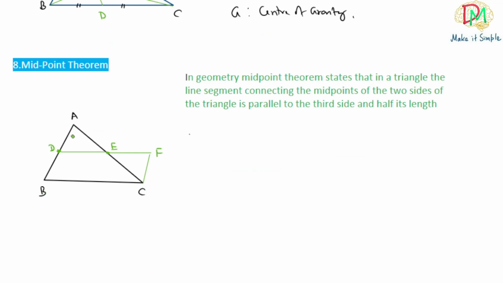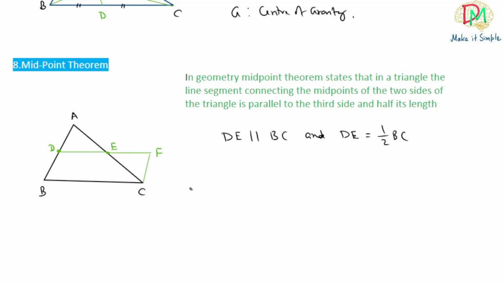Here ABC is a triangle and D and E are the midpoints of AB and AC. From this theorem, if we connect D and E, we get the line segment DE. This DE is parallel to BC, and DE is equal to half of BC.